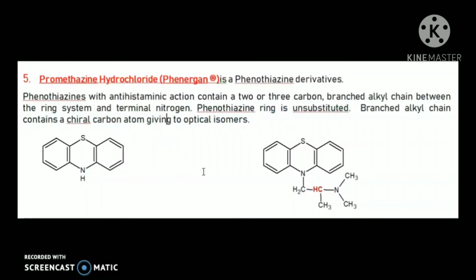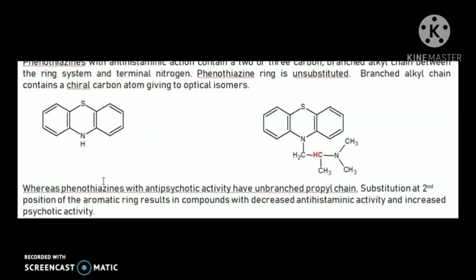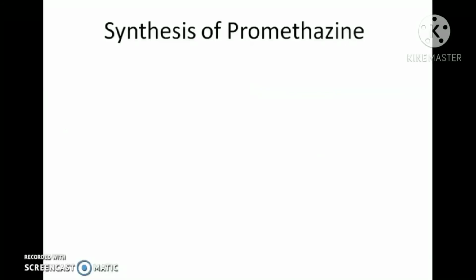Antihistaminic phenothiazines contain a branched alkyl side chain, and therefore contain a chiral carbon atom, giving chances for optical isomers, optically active isomers. Most of the points we have already seen with respect to the antipsychotic agents. Okay, now we will see the synthesis of promethazine.